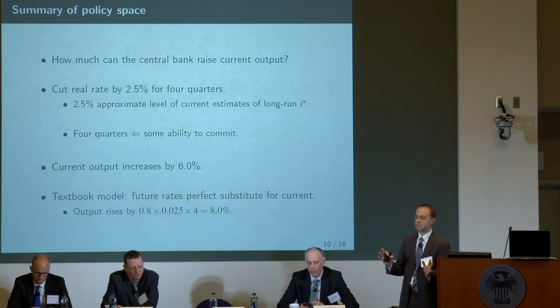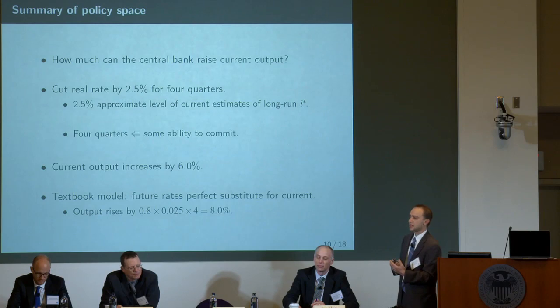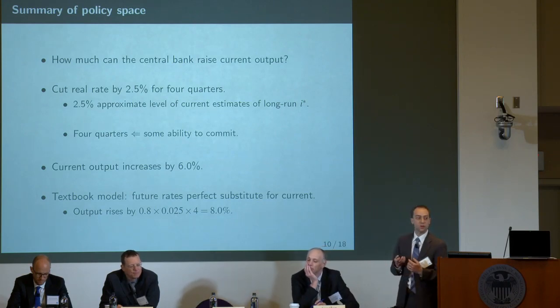So that's just the experiment. In this model, that raises output by 6 percentage points today. In the textbook model, that would lead to an 8% increase. The difference is that in the durables model, this promised future stimulus is less powerful.